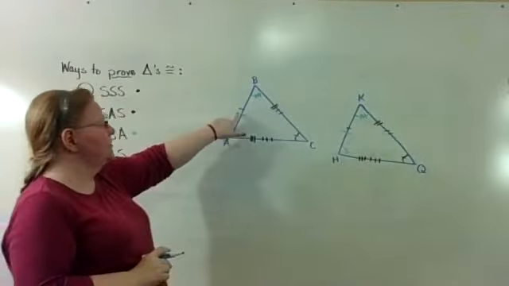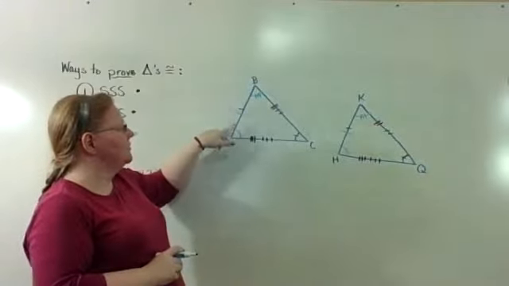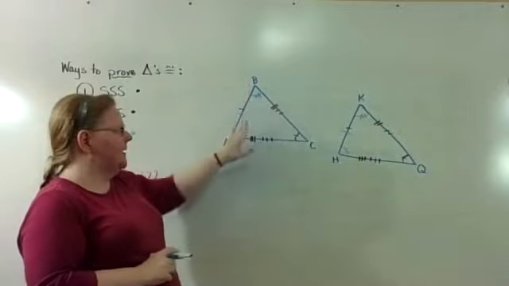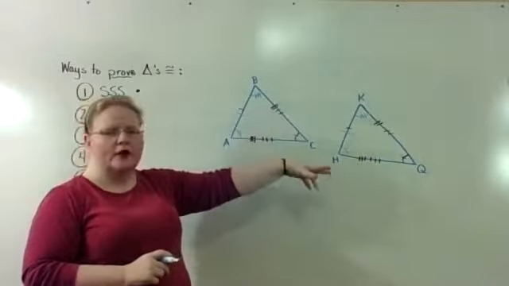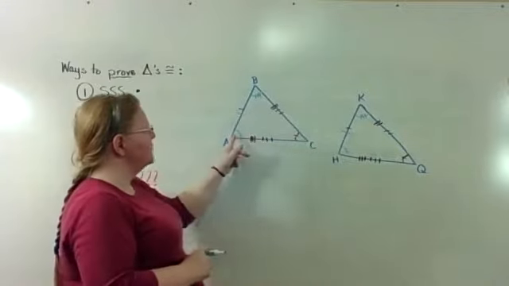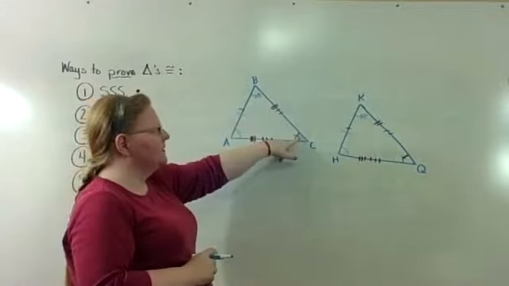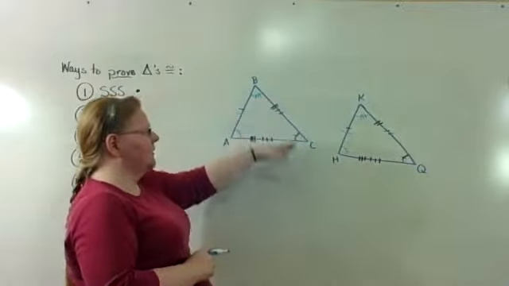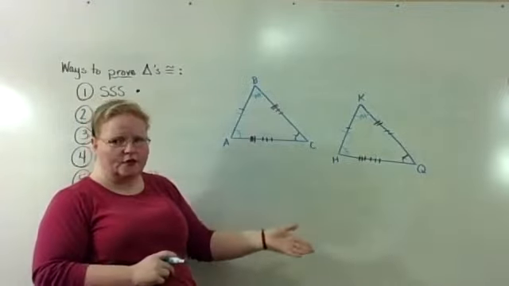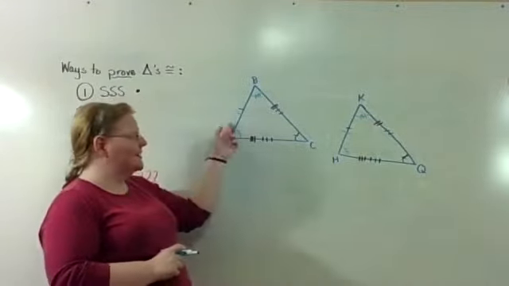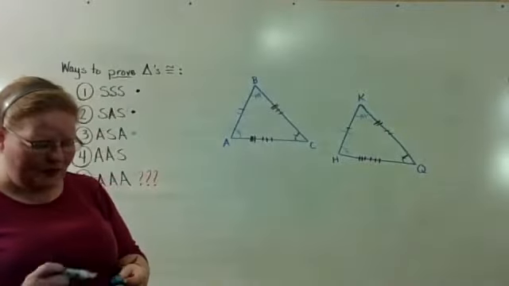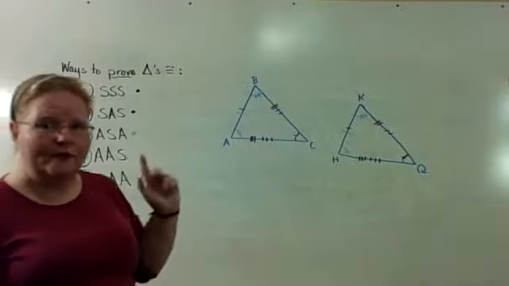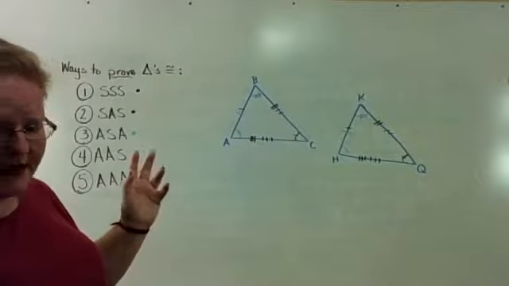Now I have angle, side, angle, where the side is in between those 2 angles. Since that's the case, we know that both of these triangles must be congruent, because if we have 2 angles, we can predict that the other angle is going to be congruent, and if one of those sides is the same and all the angles are congruent, then our triangles would have to be congruent too, because that side is the same, they're not similar. Now, if the side wasn't the same, then we'd have to talk about, oh, they could be similar. But this time we have a common side.